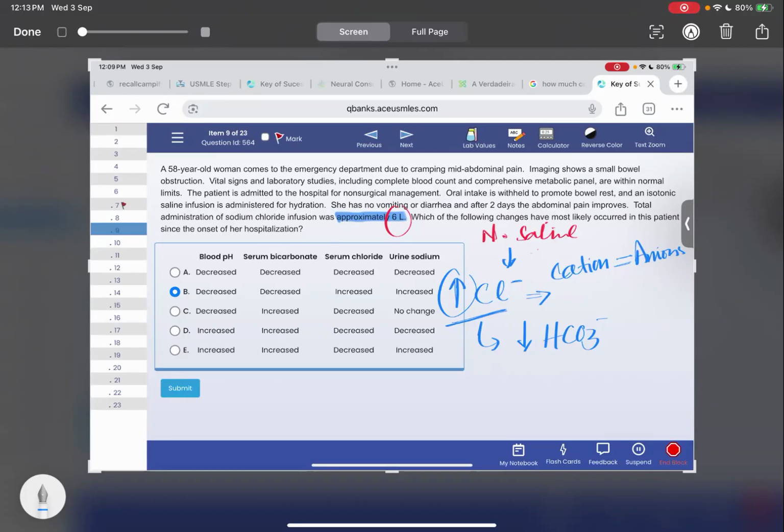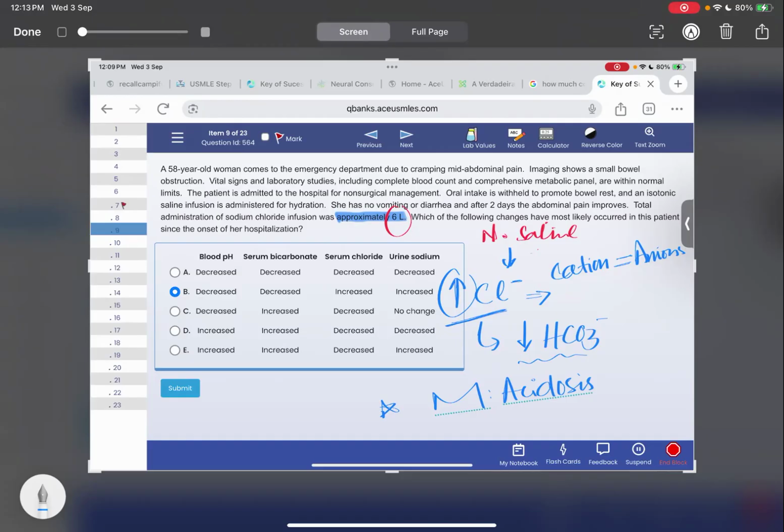So what will it cause? Acidosis, metabolic acidosis. Got this? Which type? Metabolic. Everyone got this? Okay, so you are almost done with the question.